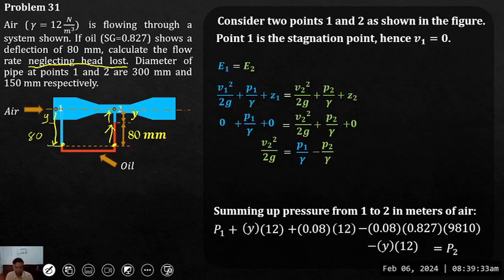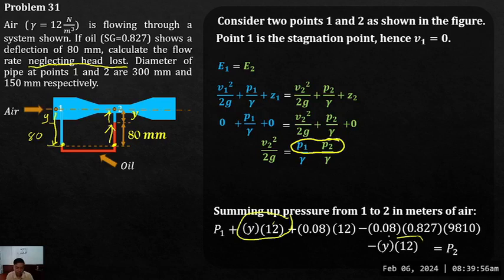Okay, so yung gusto nating malaman, difference of pressure ng P1 at saka P2, di ba? So, ibig sabihin, itong pressure natin, transpose natin yung P2 sa left side, tapos yung mga values sa right side. No? Tapos take note natin, pwedeng makancel yung 12y na ito at saka itong negative y times 12 na to. So, magka-cancel po yan.